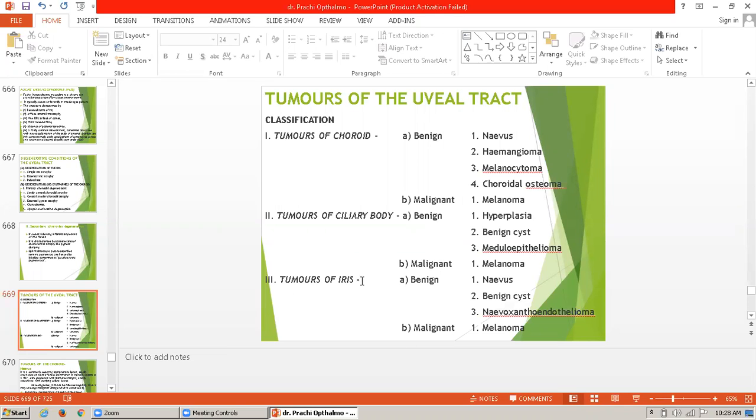The third one is the tumors of the iris. In the tumors of the iris, there are again two types: benign and malignant.